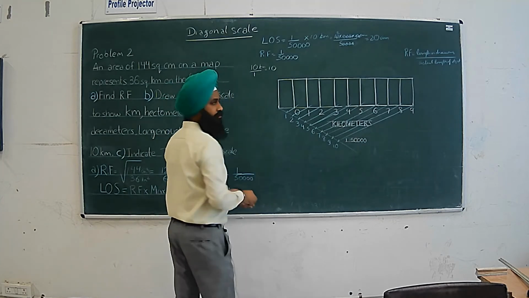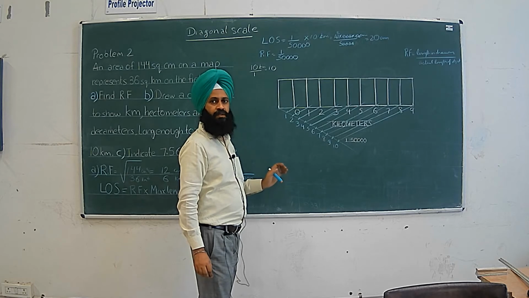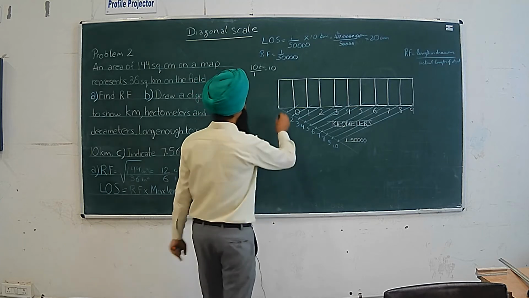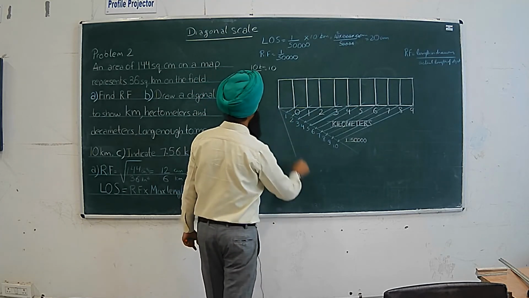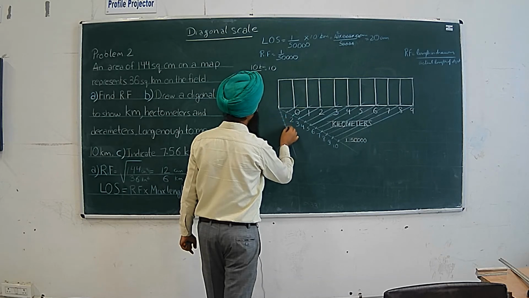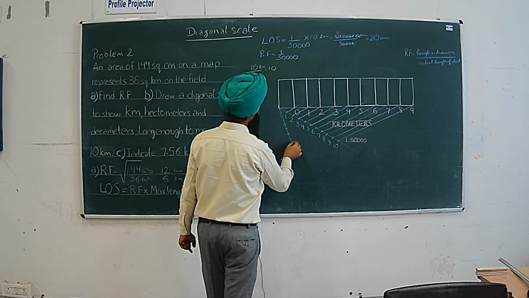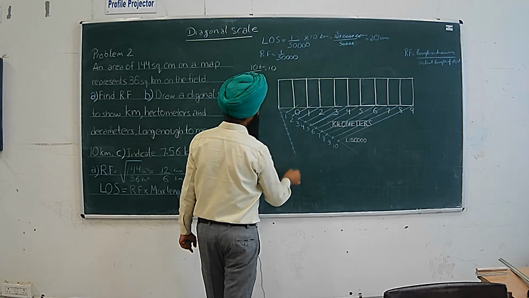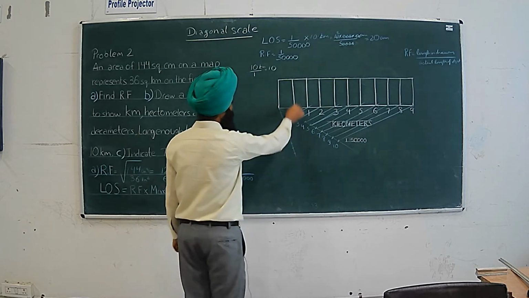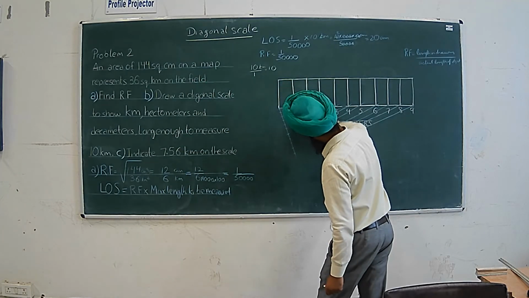Now next step is to divide this part so that we can have hectometers. So we'll divide this part into 10 equal parts. So draw an acute angle. Divide this acute angle into 10 equal parts with the use of compass. Join the 10th part with this 0 directly.